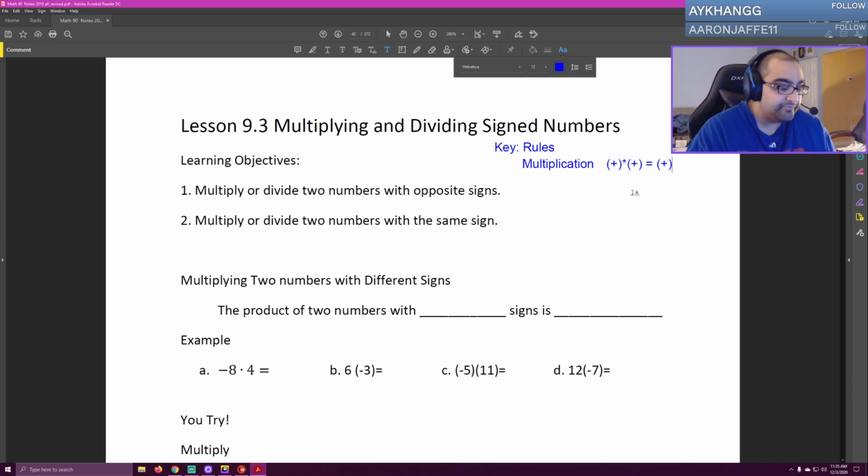Okay, fine. That one's pretty easy because everybody's pretty used to that by now. Let's look at the next one. What happens if the first number is positive, but now the second number is negative? Well, my expectation is that the final answer will be negative. So a positive times a negative will be negative.